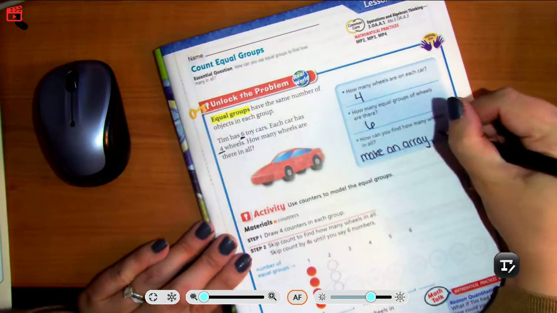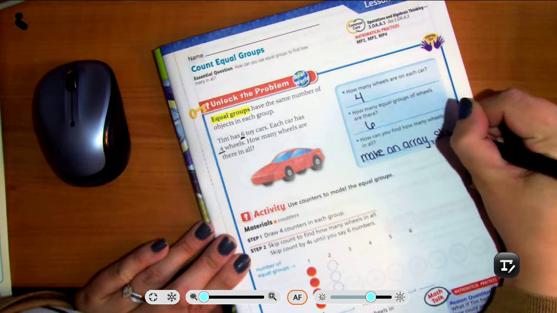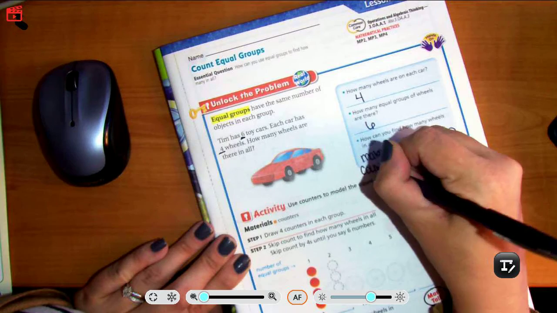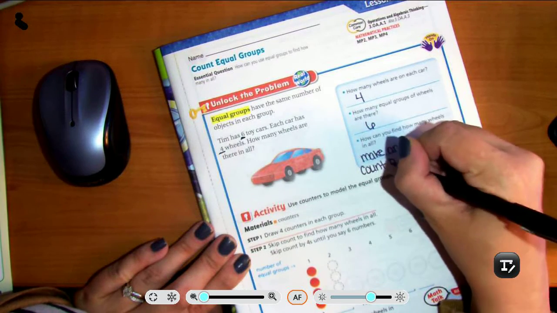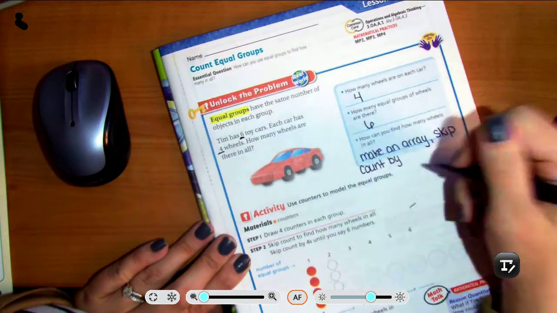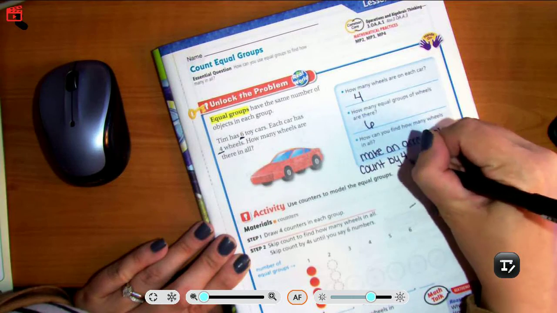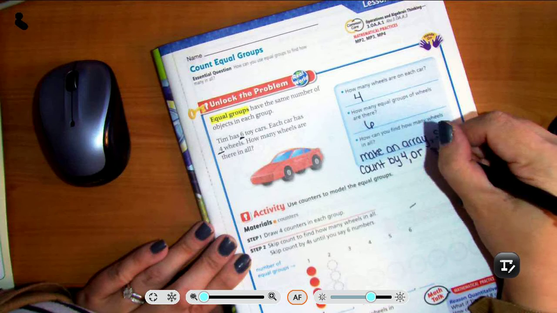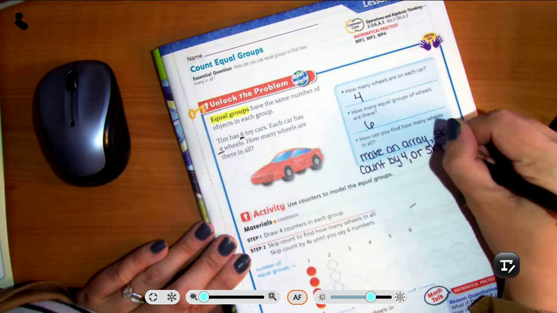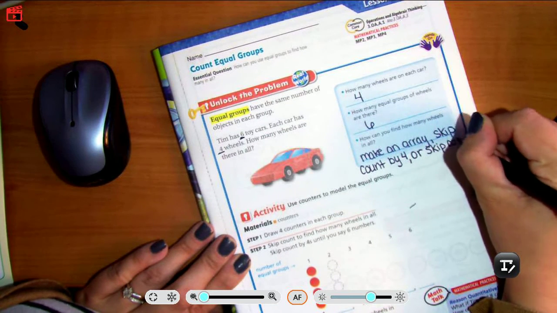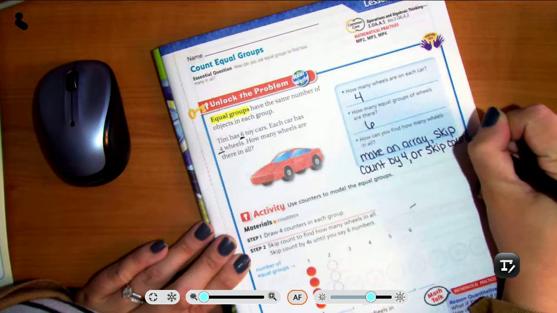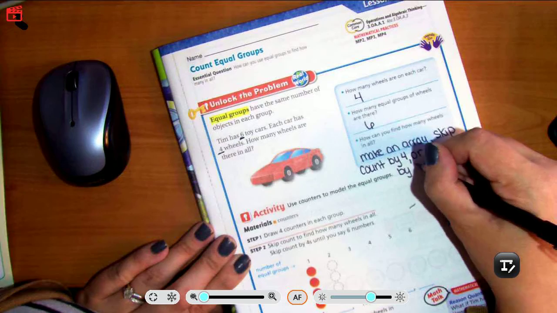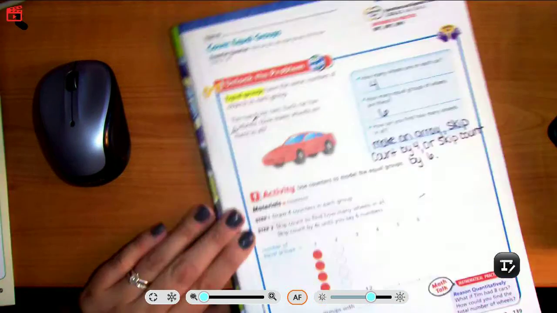You can also skip count by 4. Or you could skip count by 6.